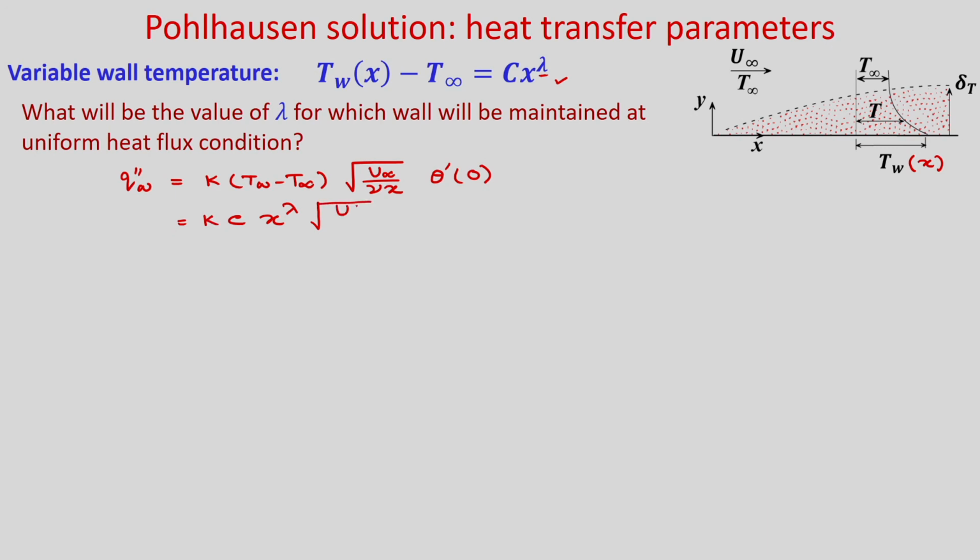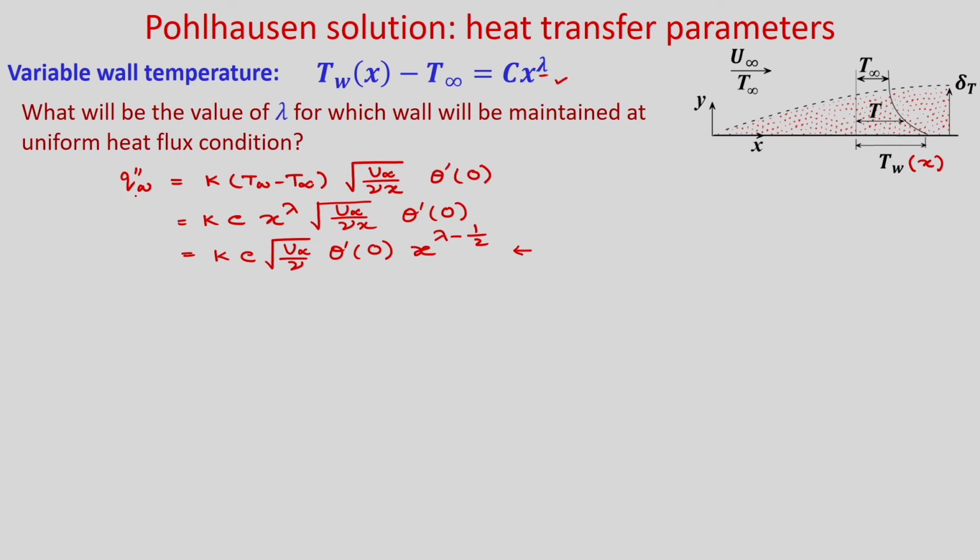Now you can write it as k C root u infinity by nu theta prime 0 and x to the power lambda minus half, because in the denominator you have x to the power half. So this is the expression for local heat flux, right.